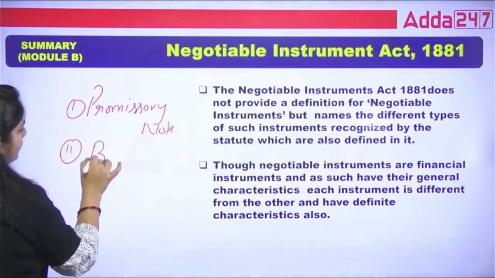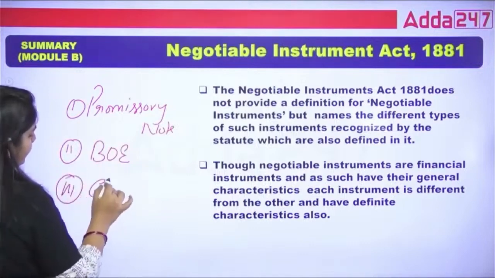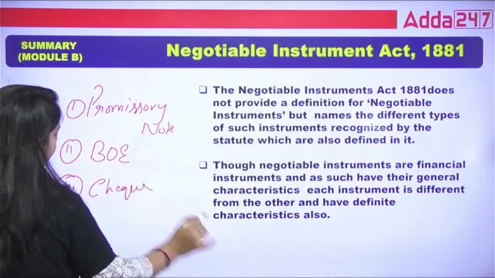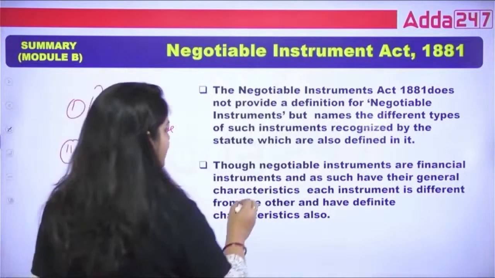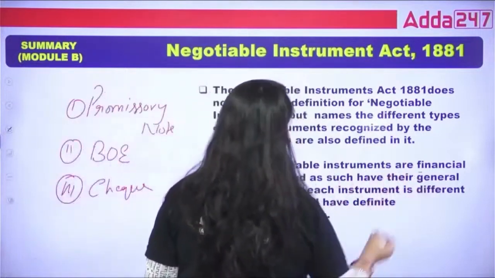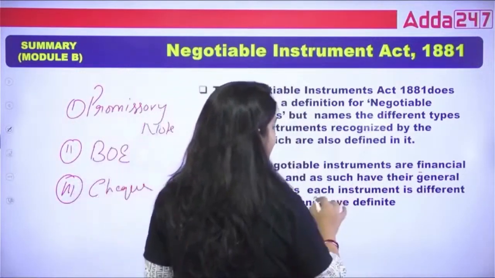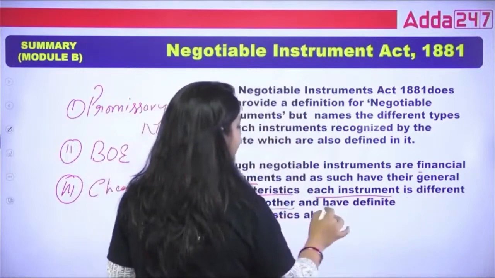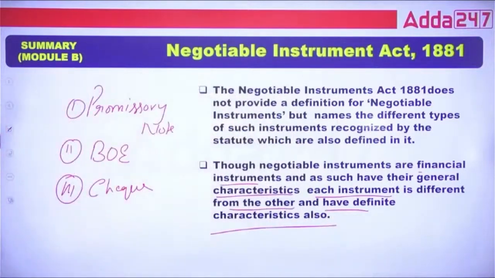Second is the bill of exchange. And third is the check. So these are the names. Though negotiable instruments are financial instruments and as such have their general characteristics, each instrument is different from the other and has definite characteristics, as we know. Okay, this is very important.